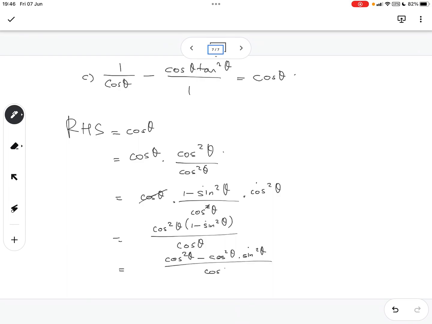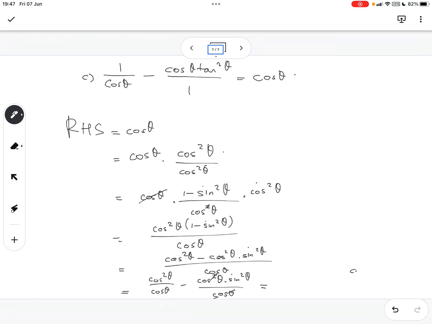Then I can separate. I can say cos squared theta minus cos squared theta times sine squared theta over cos theta. I can have cos squared theta over cos theta minus cos squared theta times sine squared theta over cos of theta, ne?